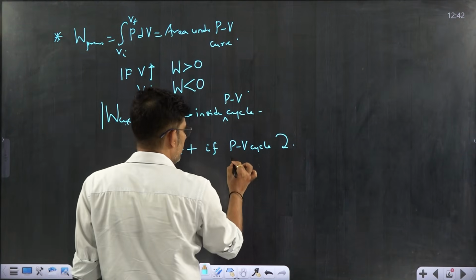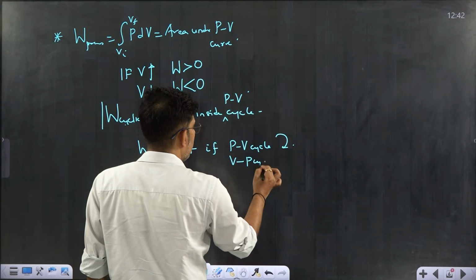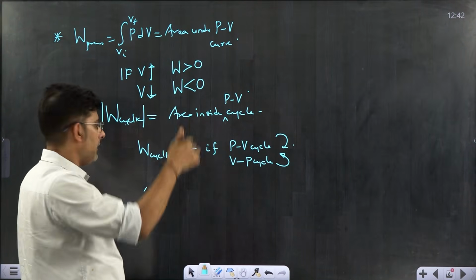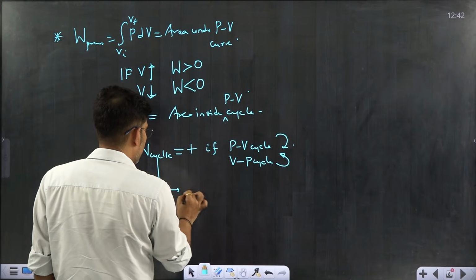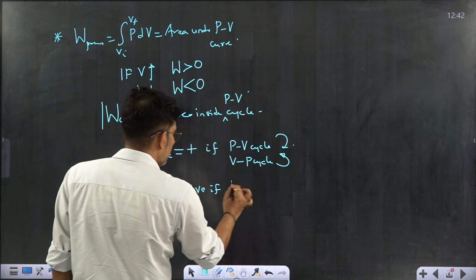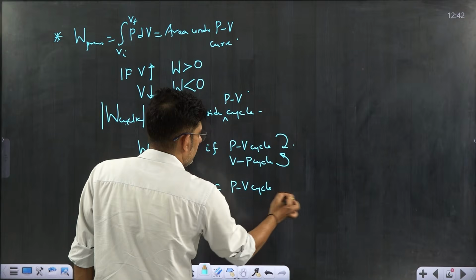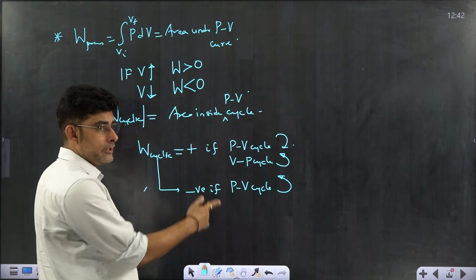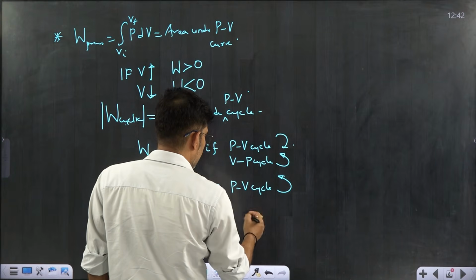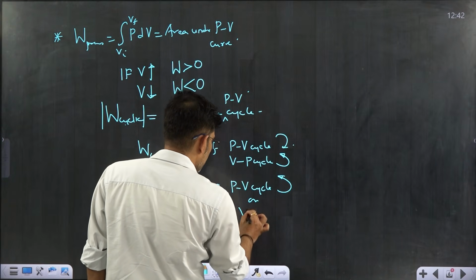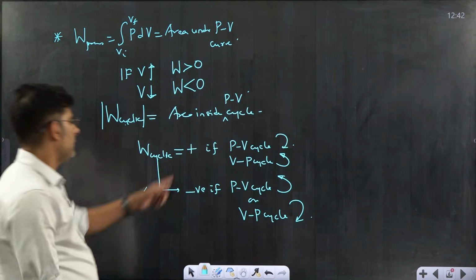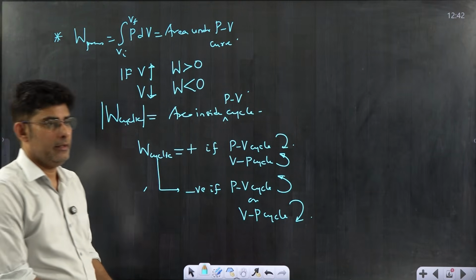VP is opposite of PV. So if they give a VP cycle, it should be anti-clockwise. PV cycle, it should be clockwise. And work done in a cyclic process will be negative if the PV cycle is anti-clockwise, because in that case compressional work done will be more than expansion work done. So PV cycle anti-clockwise, or VP cycle clockwise, then you will get work done in a cyclic process as negative.